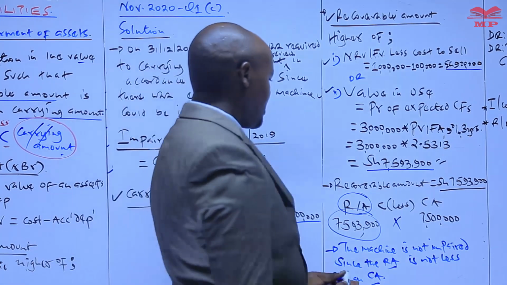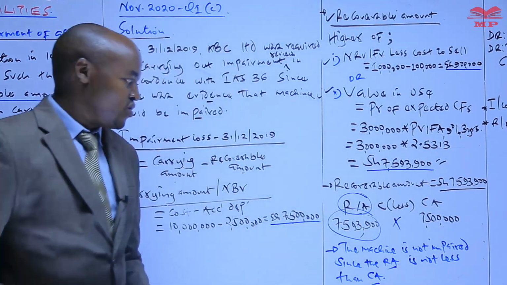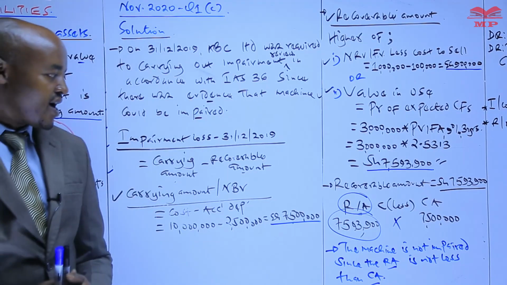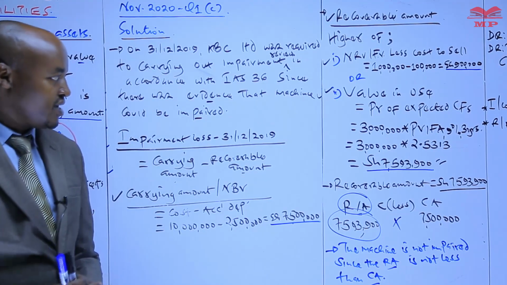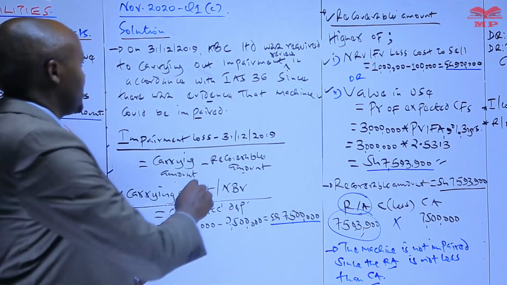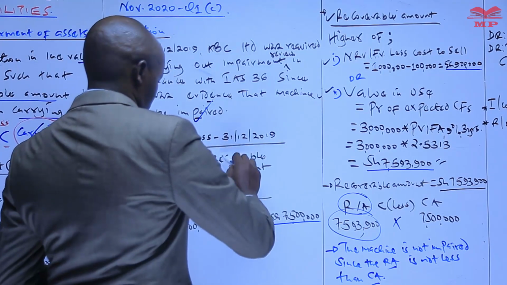And that means that no impairment loss will be recognized simply because our asset is not impaired. So therefore that is it, that is what was required as far as that question was concerned.